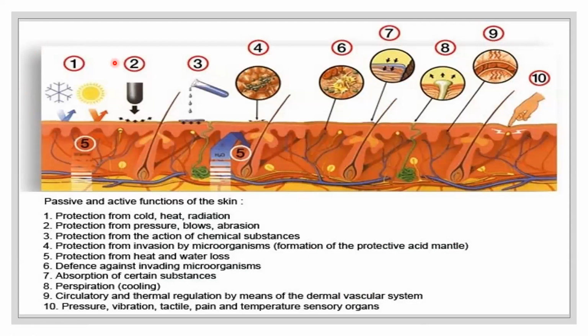Secondly, it protects from pressure or abrasion, chemical substances, and microorganisms. Well, not all can be protected, but some form of protective acid is present in the skin, and it also protects from heat and water loss.